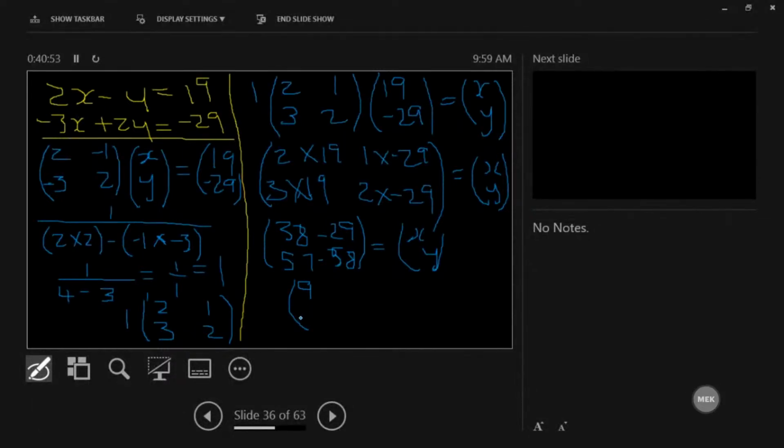And 57 minus 58 is negative 1. Therefore, x is 9 and y is negative 1.